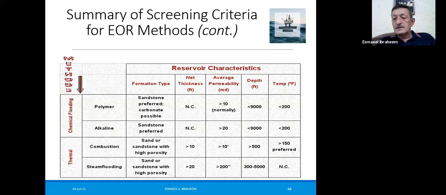There are several books that deal with these categories, so you can go and look for them. They are also available on the internet, so you can find these books.